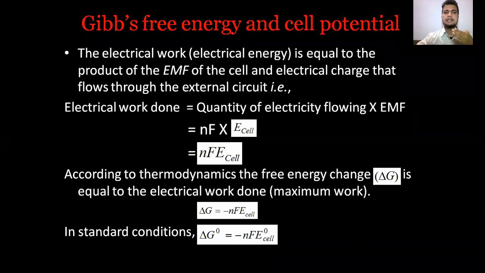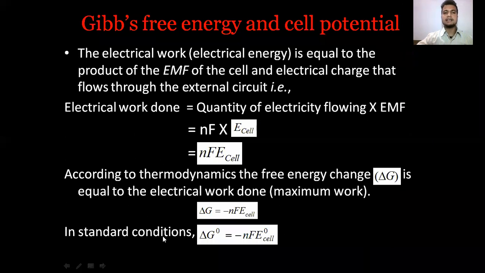In our case, the Gibbs free energy of the system, the electrochemical cell, is decreasing, and the same amount is increasing in the form of electrical work done, or electrical energy, which is nF E cell. We put a minus sign, which shows that the Gibbs free energy in the whole process is decreasing, it is negative. So that is the expression of delta G, equal to minus nF E cell.